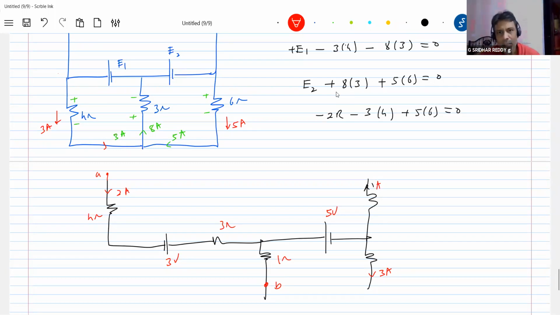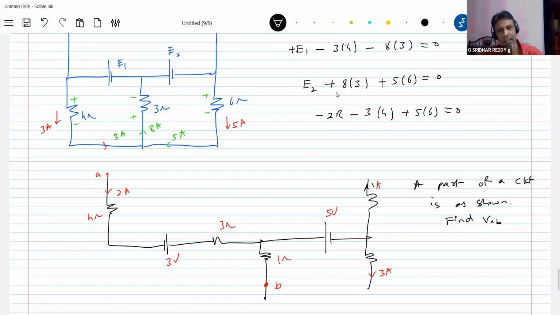What is this? A part of a circuit has been shown. Find VAB. It's not the total circuit, just a part of a circuit.